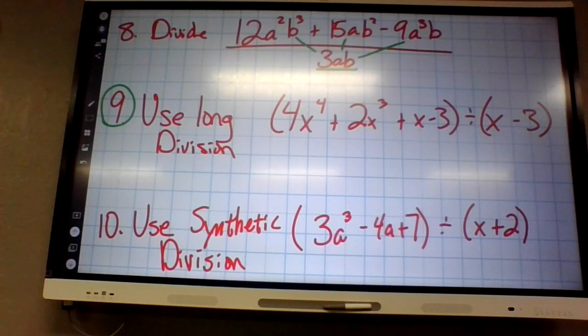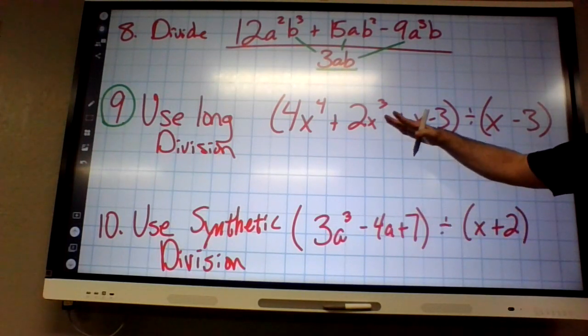Do not erase your work, just leave it as is. If you get it wrong and you only have the answer, I can't give you partial credit. Don't erase the work.